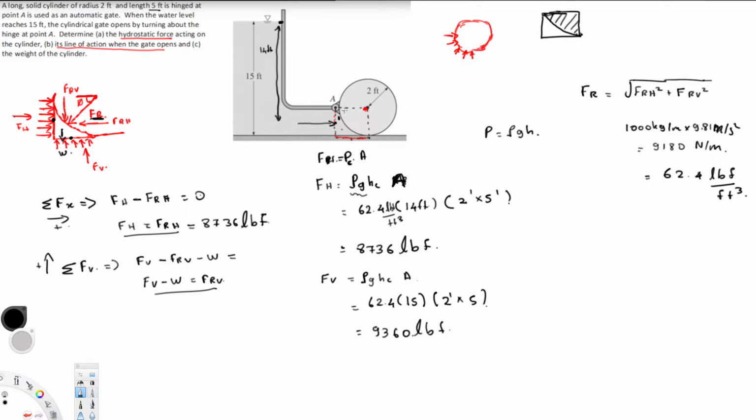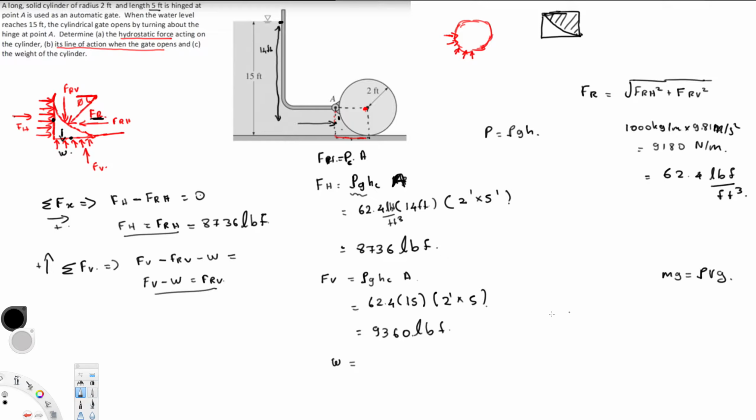So I'm taking this point right here. Weight equation: weight is going to be mg, m is equal to rho V, density times volume, times g. So this gives us the weight.